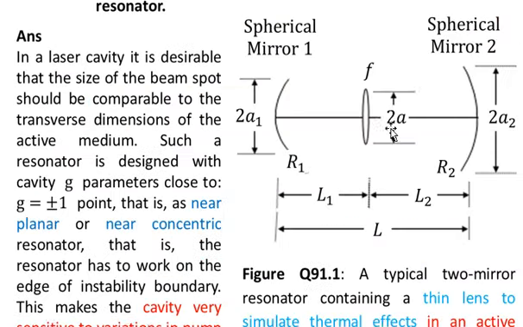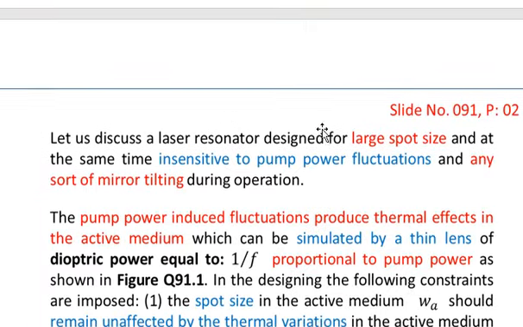In order to simulate the power fluctuations due to the pumping or the thermal effects, we have inserted this lens. And we can change the focal length of this lens. When you change the focal length of this lens, what will happen? The spot size, what will happen?